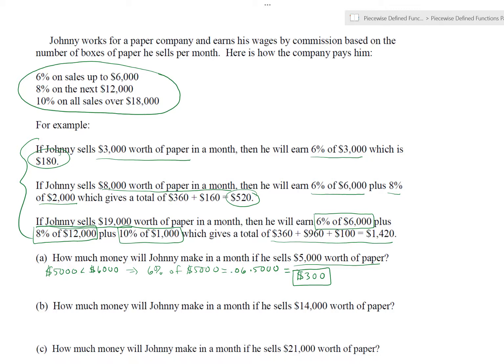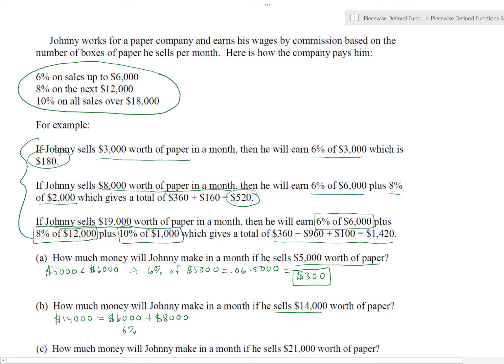How about if Johnny sells $14,000? Well, $14,000 is bigger than $6,000, right? But if we express $14,000 broken down as, okay, that's the same as $6,000 plus $8,000, and he's going to get 6% of the first 6,000.